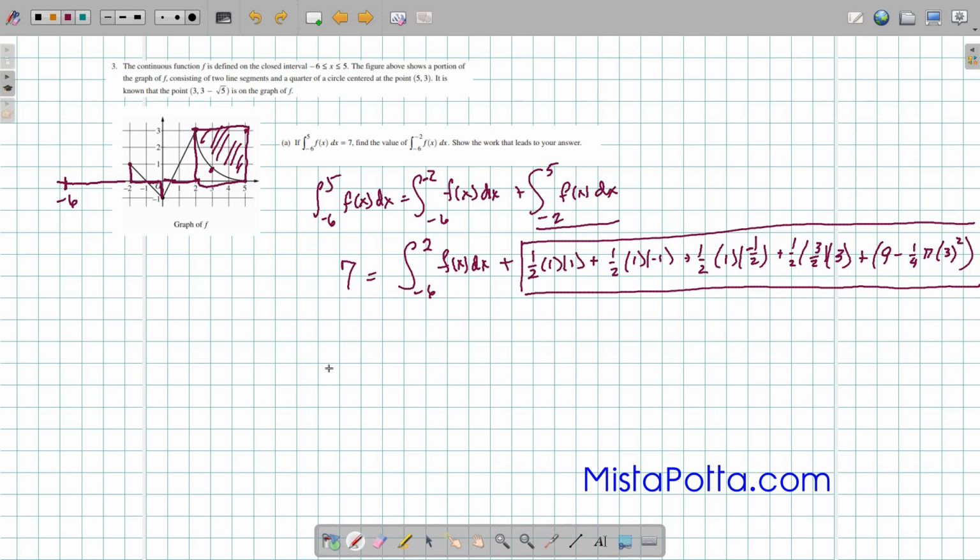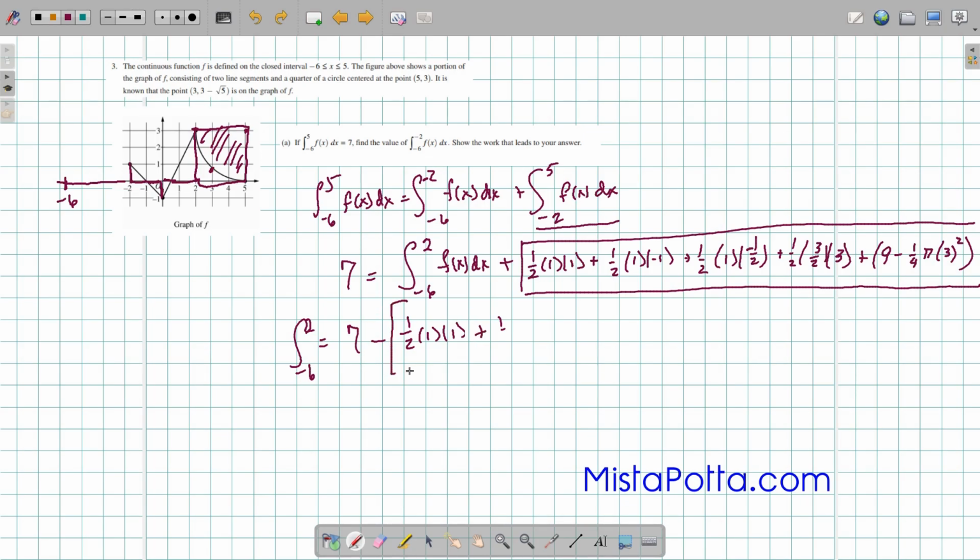So if I want to find this integral, the integral from -6 to -2, all I have to do is take this 7 and subtract all of this. So this is going to be 1/2 times 1 times 1, and I'm not going to even bother doing calculations. I'm just going to copy these values down. Doing it correctly, of course.